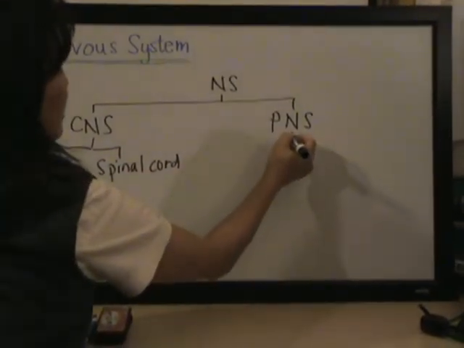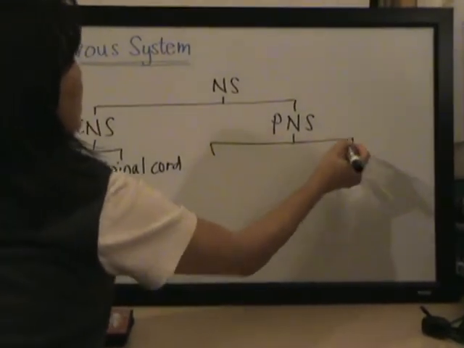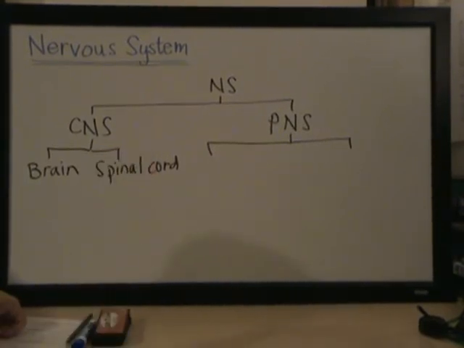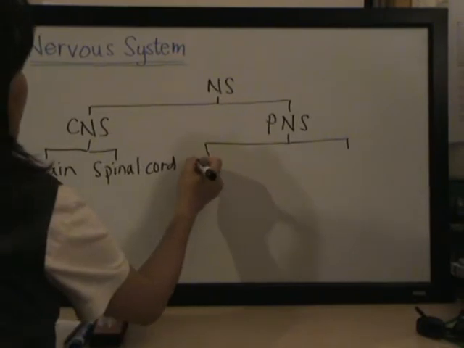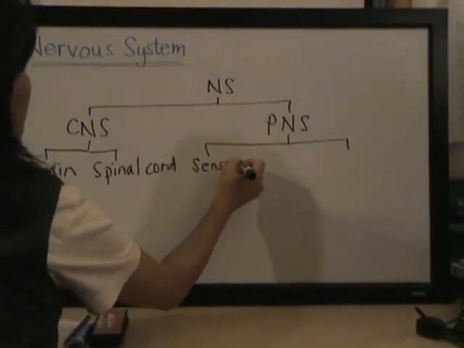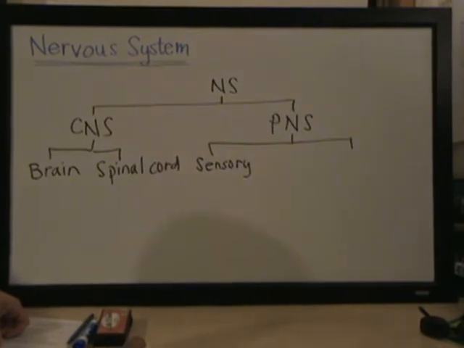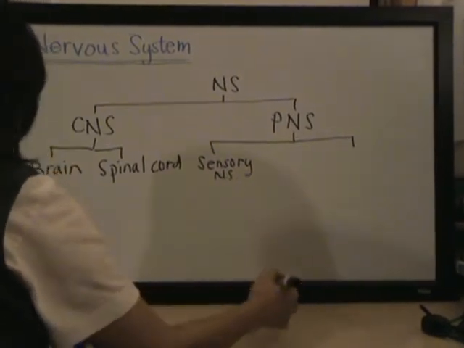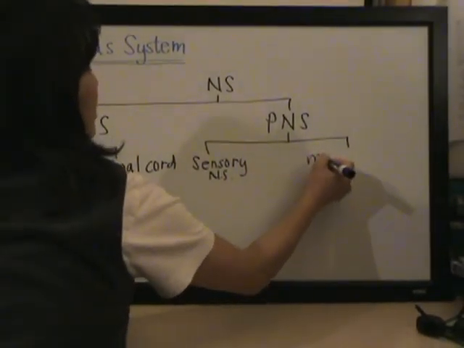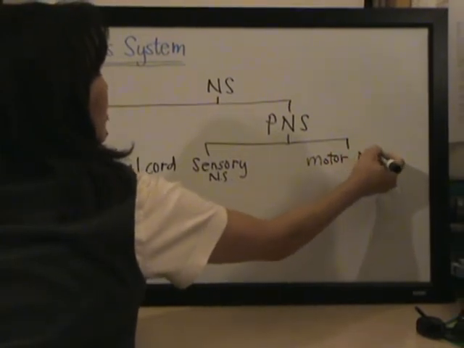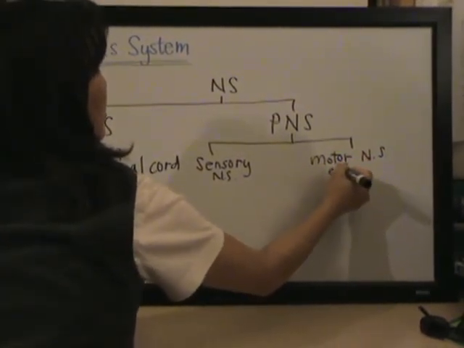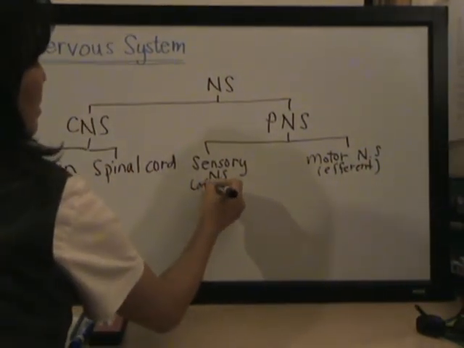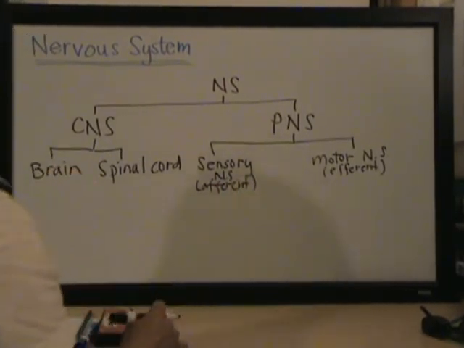Now let's take a little closer look at the peripheral nervous system. So again, everything outside the brain and the spinal cord. We can divide the peripheral nervous system into two parts: a sensory part, sometimes called somatosensory or afferent, and then what's called a motor or efferent part. So these terms afferent and efferent refer to sensory and motor components.